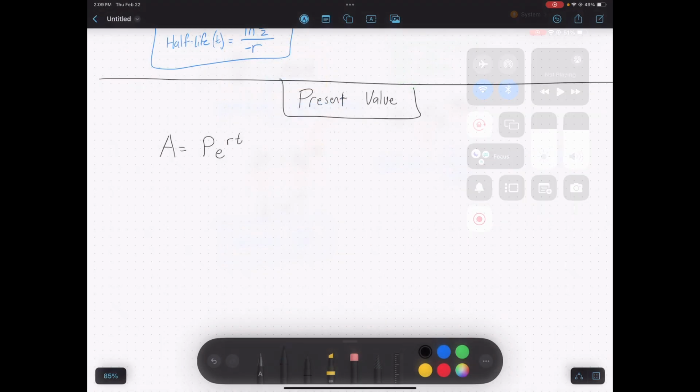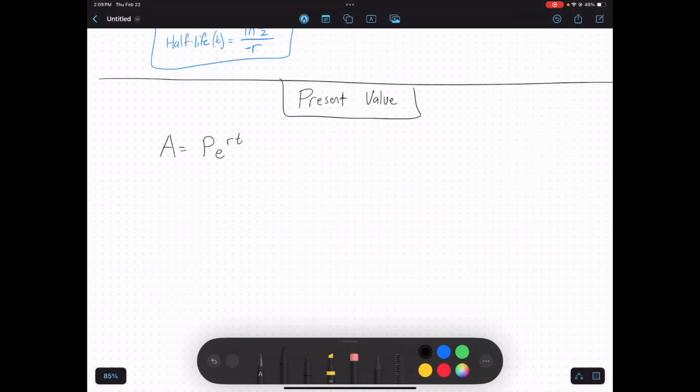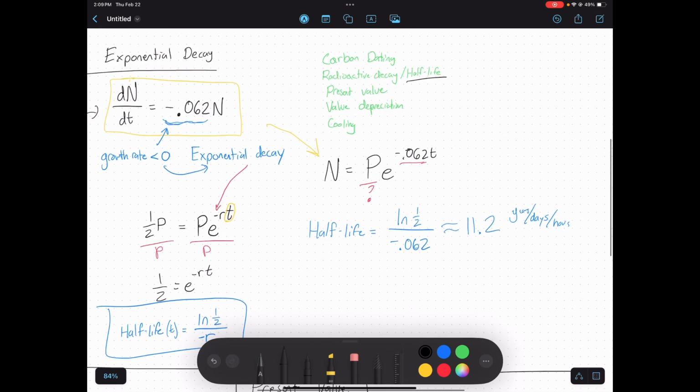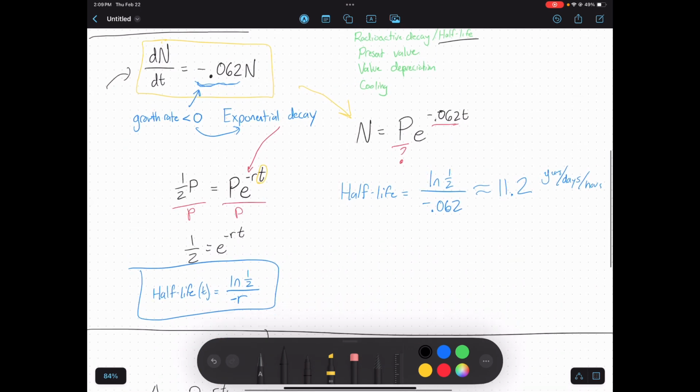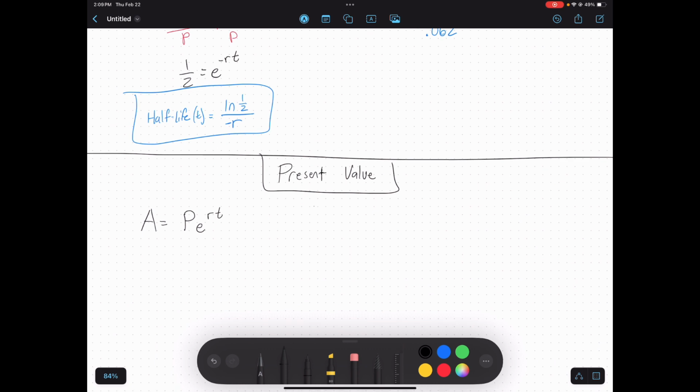The next application I want to talk about is present value, and I kind of explained present value a little bit just when I mentioned it up here, right? You can think of it as, what should I invest if I want to have a certain amount after a certain amount of years, but the actual definition is the value of a sum of money in the present. So the present value, that's where the word present value comes from.